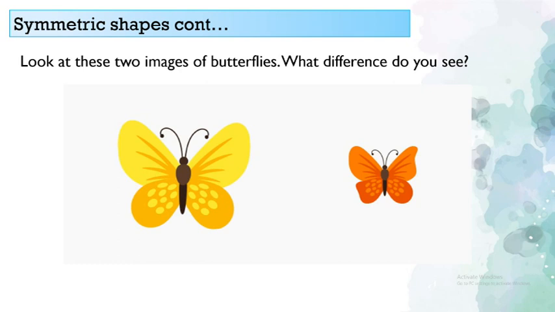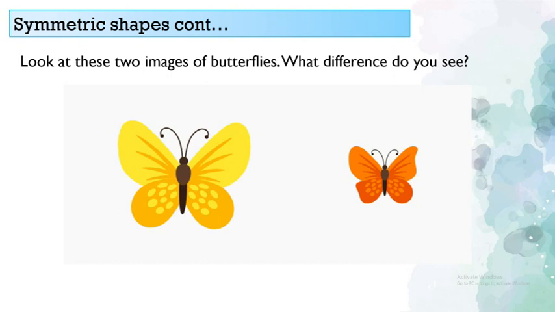The images which can be divided into identical halves are called symmetrical. The images that cannot be divided into identical halves are asymmetrical.